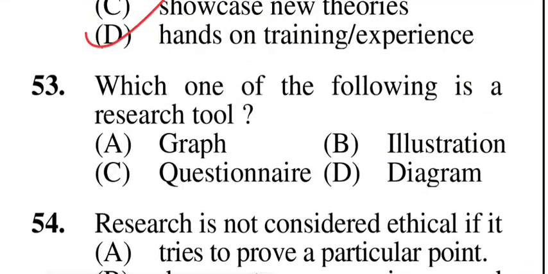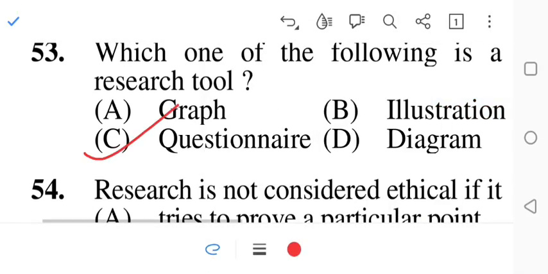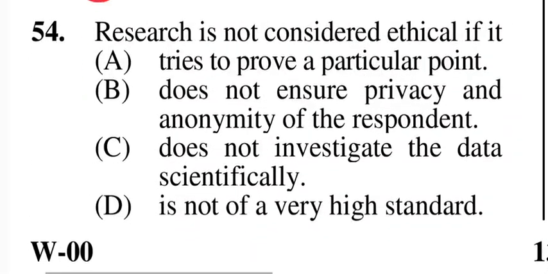53, it says, which one of the following is a research tool? Graph, illustration, questionnaire, diagram. So number C, questionnaire is an example of a research tool. Number 54, it says, research is not considered ethical if it tries to prove a particular point, does not ensure privacy and anonymity of the respondent, does not investigate the data scientifically, is not a very high standard. 54.